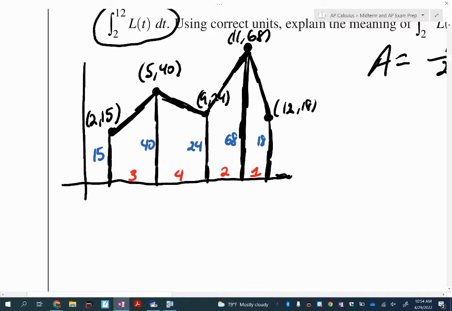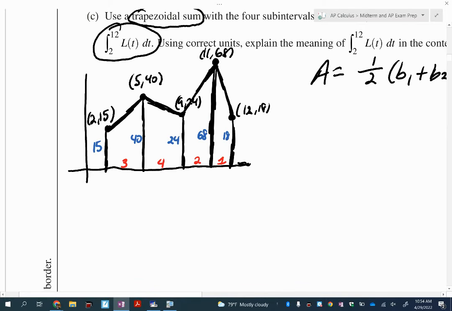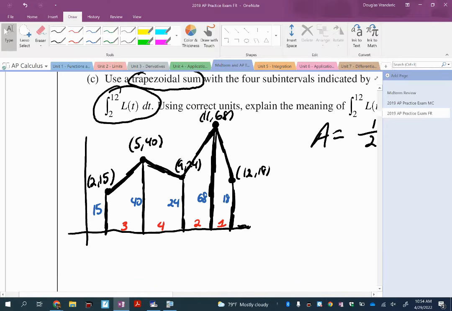So all I did now from this point is once I know all this information, I'm just going to use my area of a trapezoid formula to find all 4 of these.